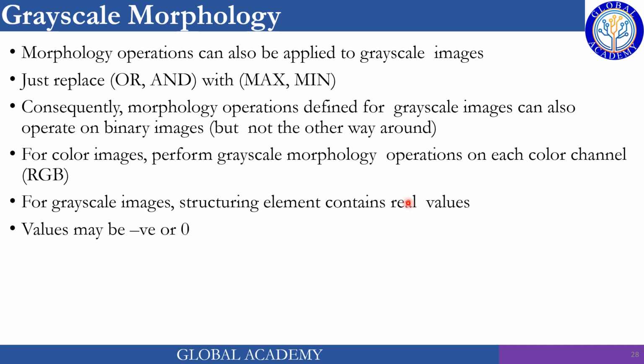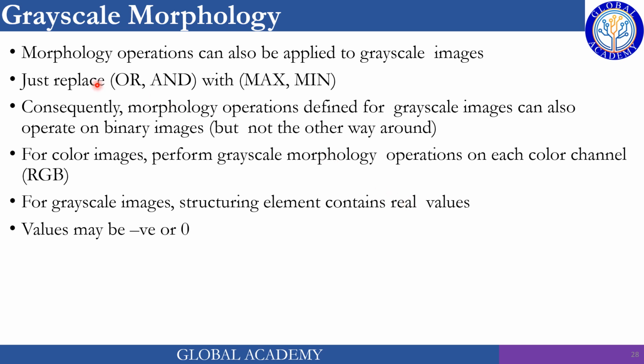So grayscale morphology, though this form of morphology is not so popular in image processing, but however we can perform many times grayscale morphology. In grayscale, definitely we have grayscale images, and grayscale are integer or float structuring elements.